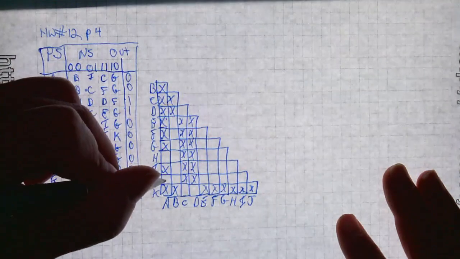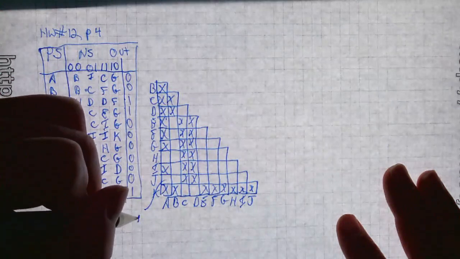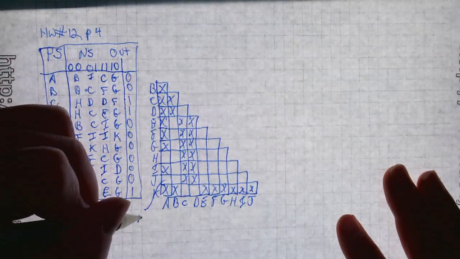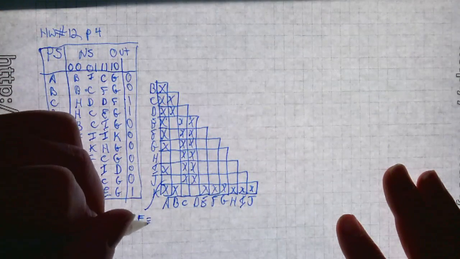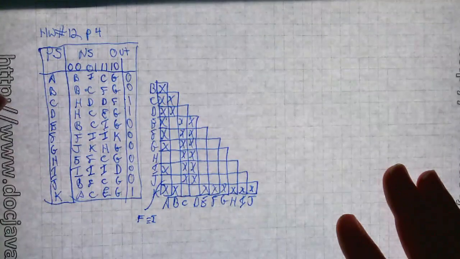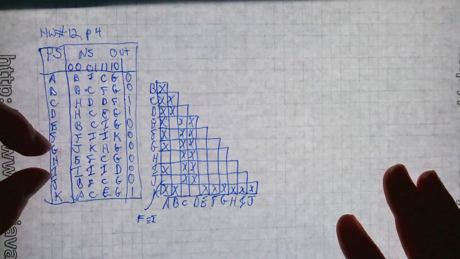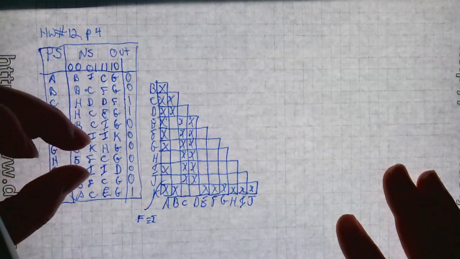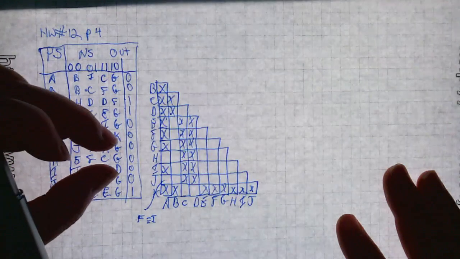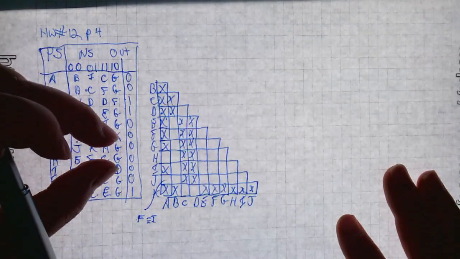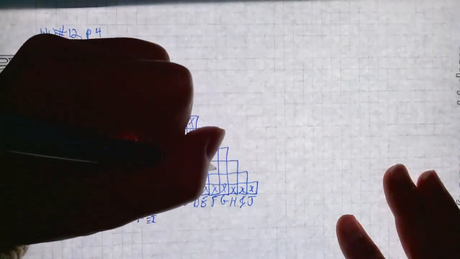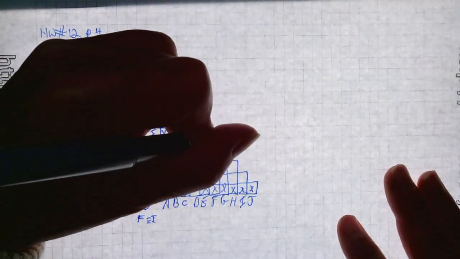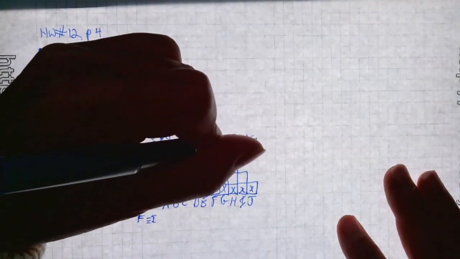So it's really all about I equal F. I is going to be equal to F if I equals I, if K equals D. K might be equal to D, so I might be equal to F.